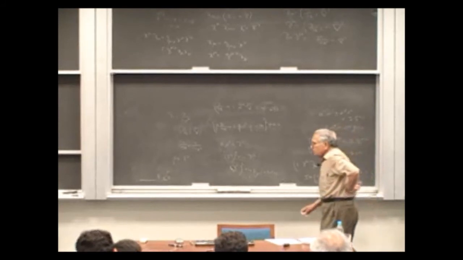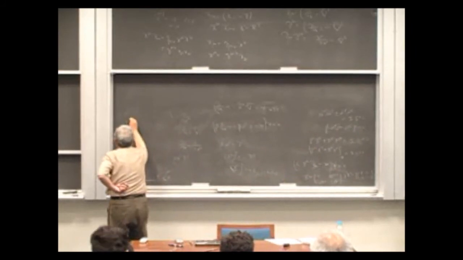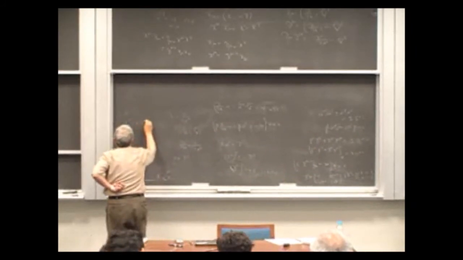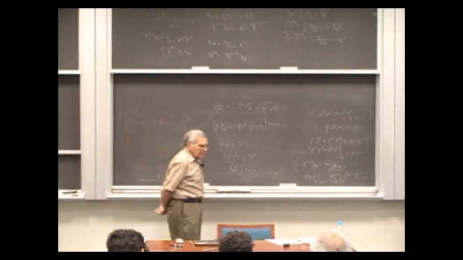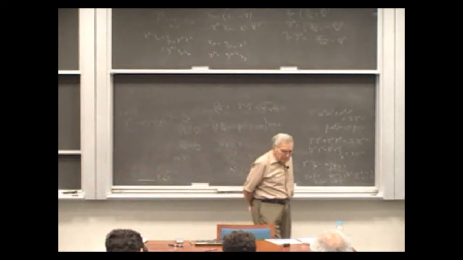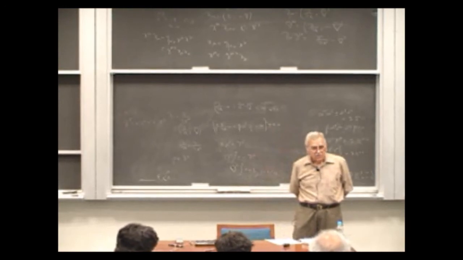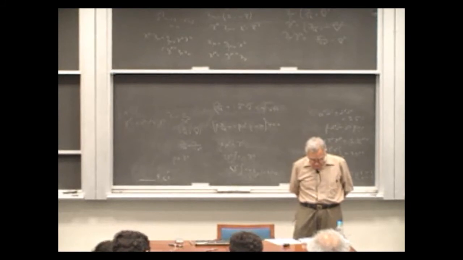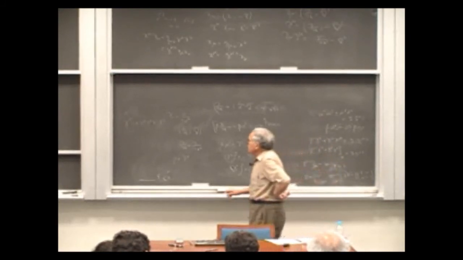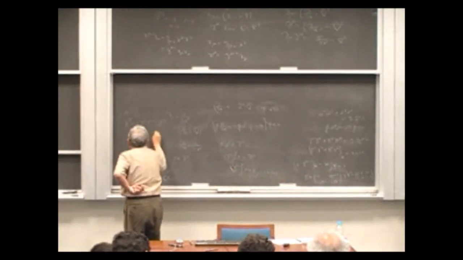So I also introduce here another matrix which is known as gamma five, which is the product of all these. Gamma five is an important matrix which we will see plays an important role when we introduce chirality and chiral transformations. And you can easily check that gamma five is Hermitian. And gamma five is here.